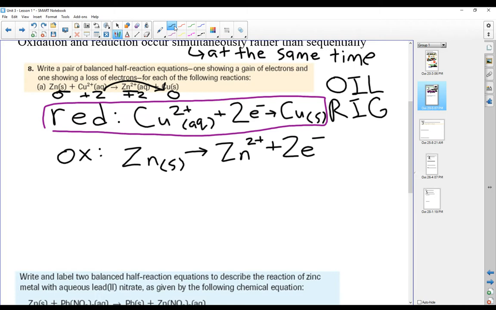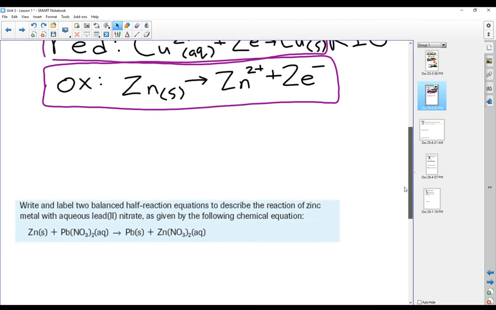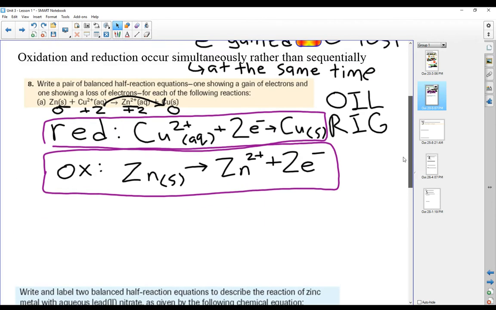When we go to write our net, we would just cross off our electrons. It only wants our 2 half reactions, so I'll just put a box around here. And that is all it is asking for. That's our first question. We have another example here. I'm going to give you a moment to look over that. Again, the completed notes are on Google Classroom, so you'll be able to look at those as well.